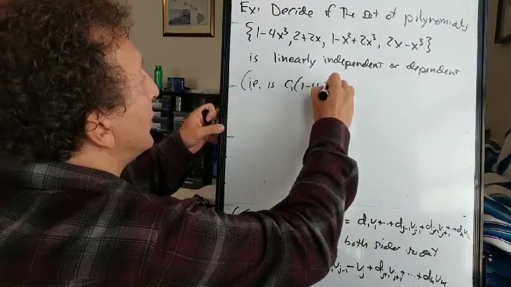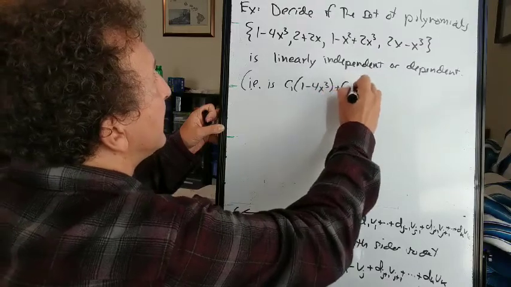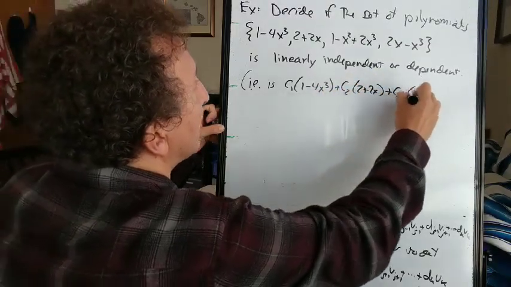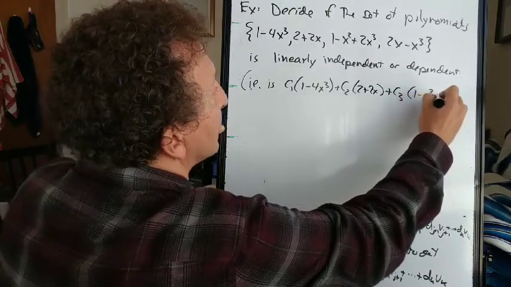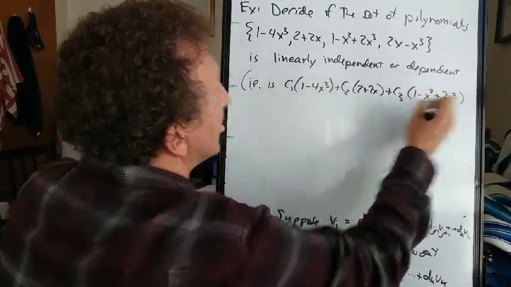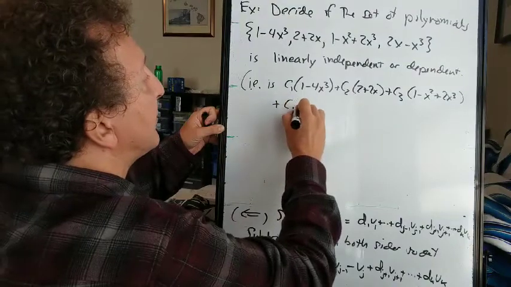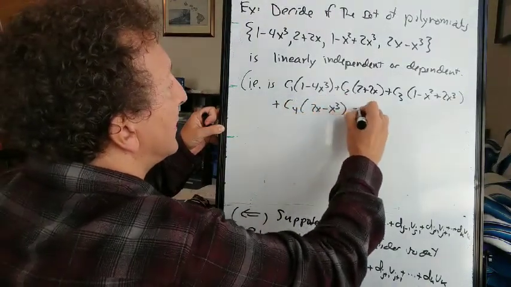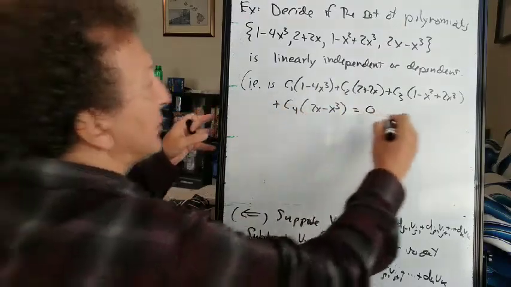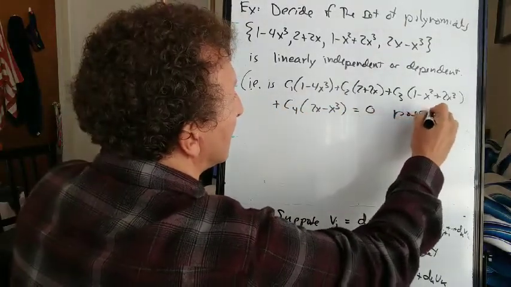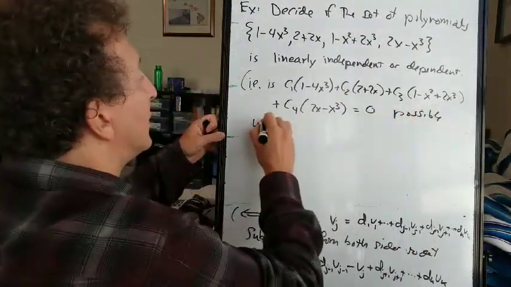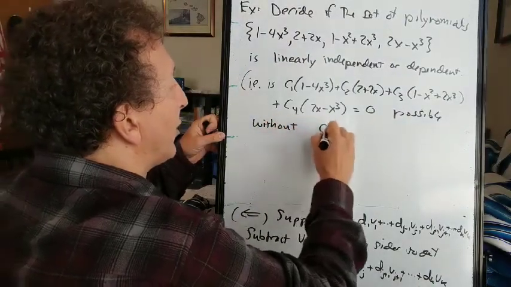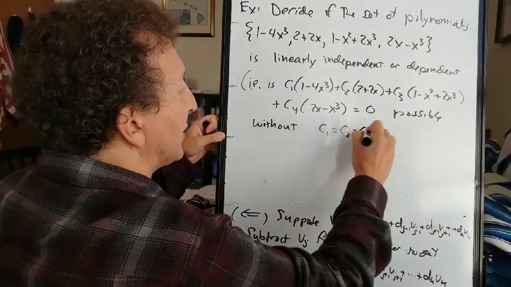c1 times 1 minus 4x cubed plus c2 times 2 plus 2x plus c3 times 1 minus x squared plus 2x cubed plus c4 times 2x minus x cubed. Is that being equal to 0 possible without all of the coefficients being 0 themselves?